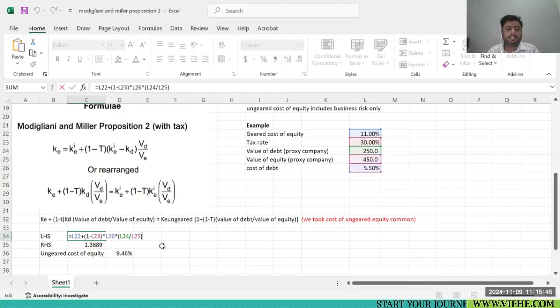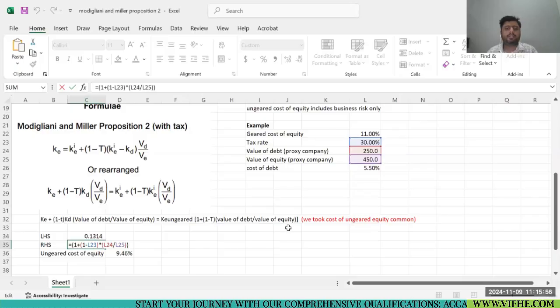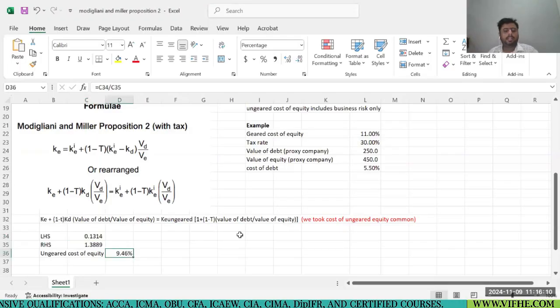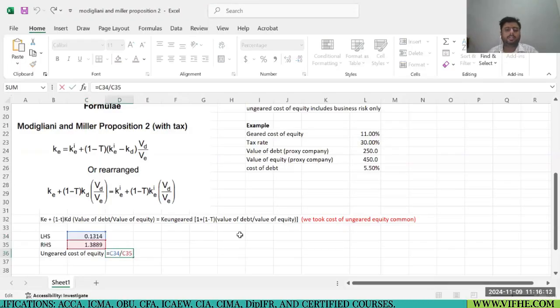And on the right hand side, we have 1 plus (1 minus tax rate) multiplied by value of debt over value of equity. Ungeared cost of equity remains as it is. Now it becomes: left hand side is equal to ungeared cost of equity multiplied by right hand side. So left hand side divided by right hand side will give me ungeared cost of equity.